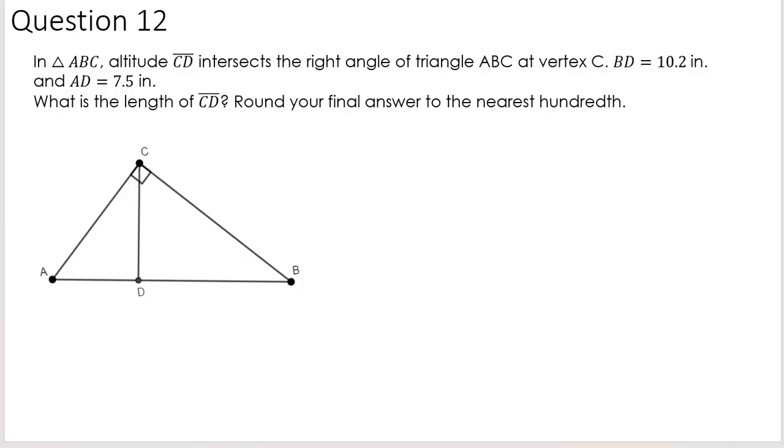In triangle ABC, the altitude CD intersects the right triangle of triangle ABC at vertex C. BD is 10.2. Okay, let's label that. So BD right here is 10.2.